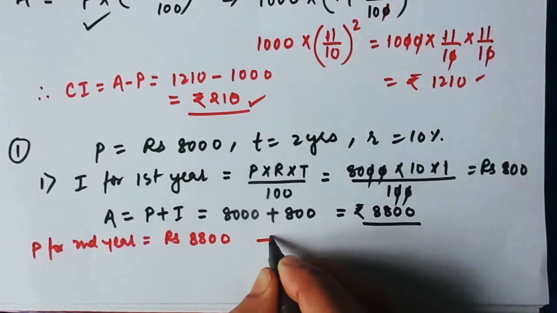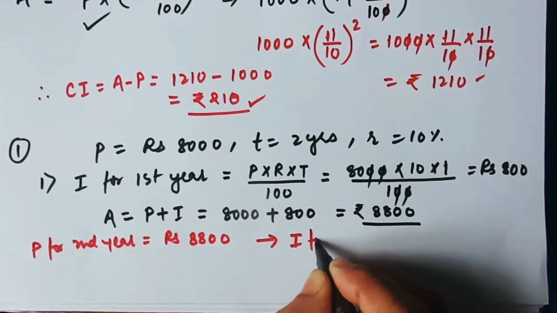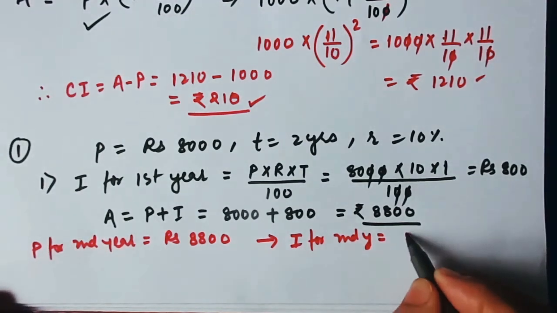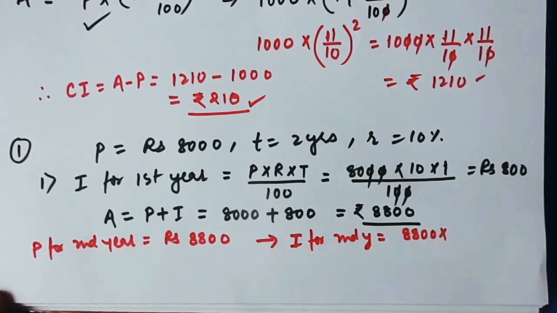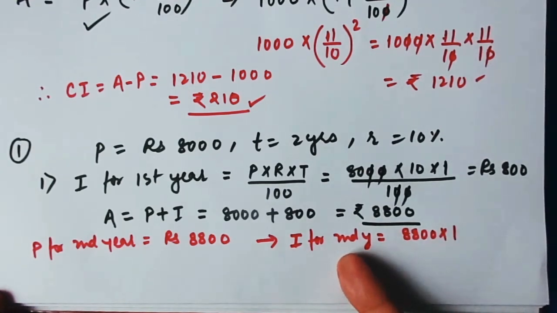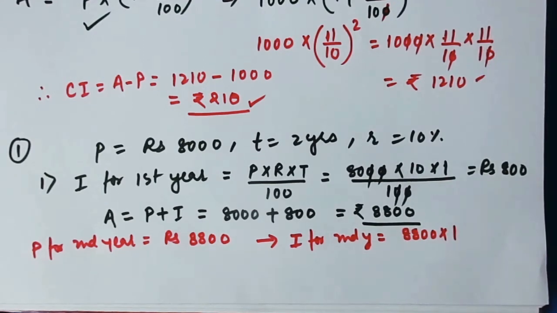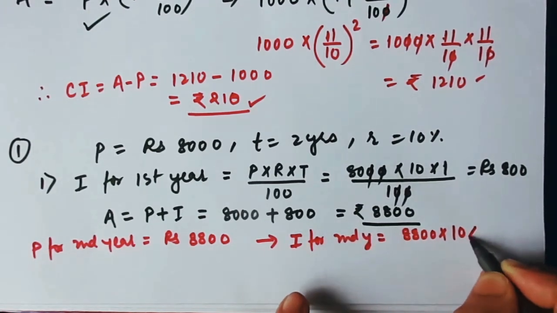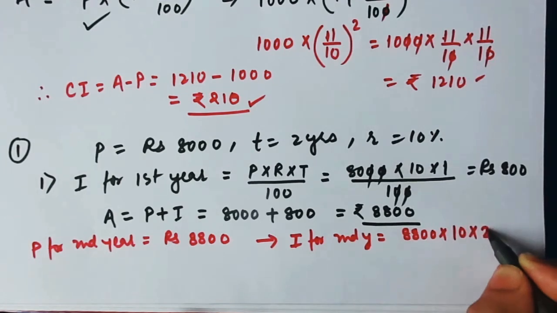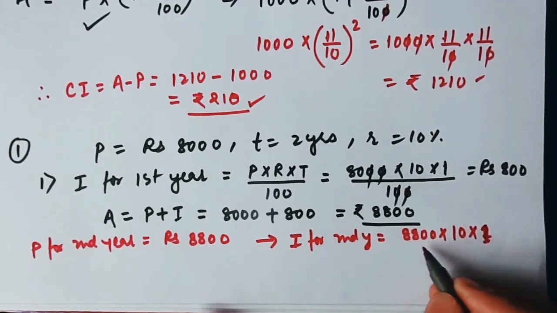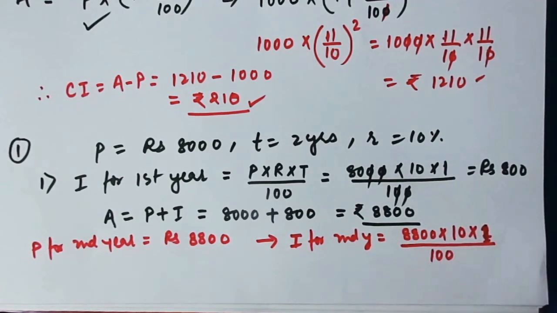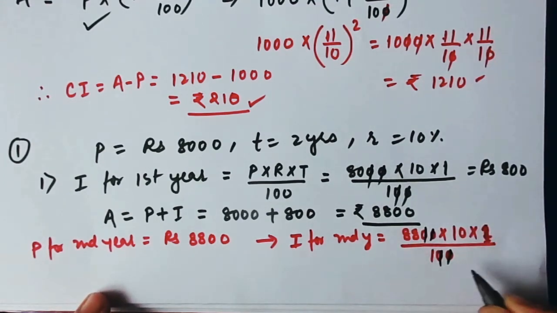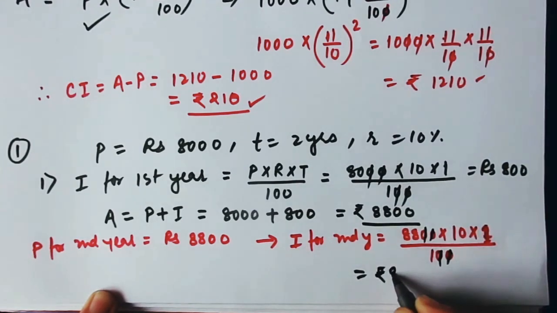तो बेटा the same thing आ जाइए ना, interest for second year will be equal to वही PRT by 100. 8800, rate कितना बाबू, 10%, time is how much, 1 year, याद रखो, you are finding not of 2 years, अंग्रेजी समझो, it's very very important. PRT by 100, ओके, come let's cancel. तो बेटा यहाँ क्या हो गया, 880 is equal to rupees 880.